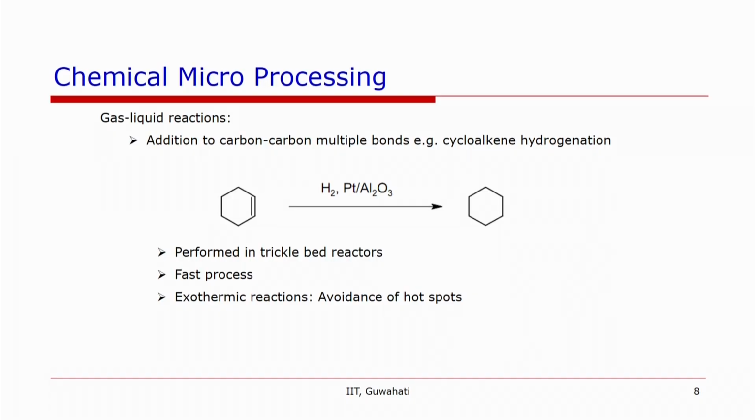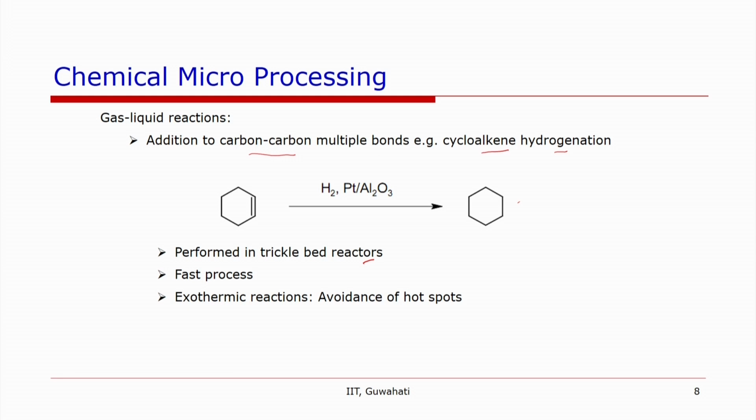Another gas liquid reaction which has been studied is carbon-carbon multiple bond addition, for example cycloalkene hydrogenation. So, here is an example of this. This reaction has been performed in a trickle bed reactor and it is well studied. Actually, this reaction has been used as a benchmark for micro reactors.